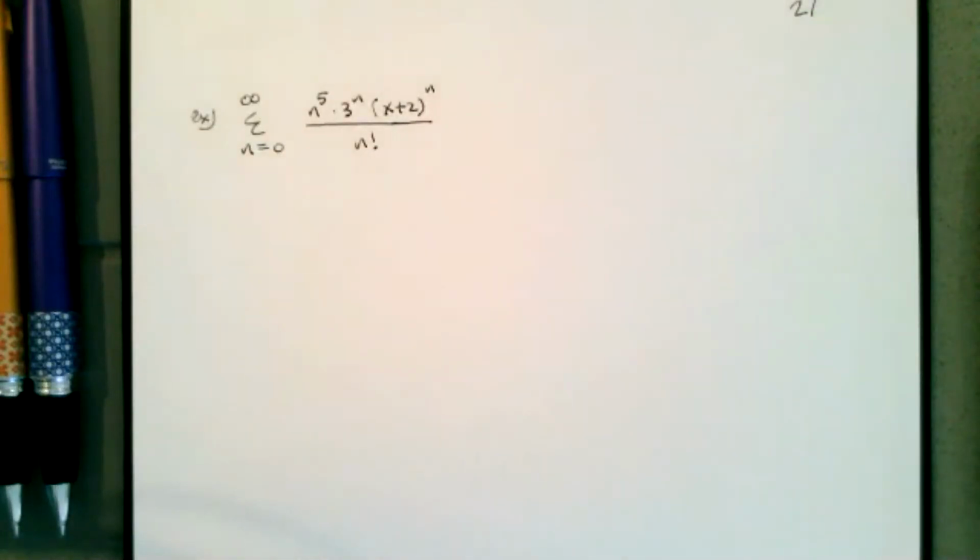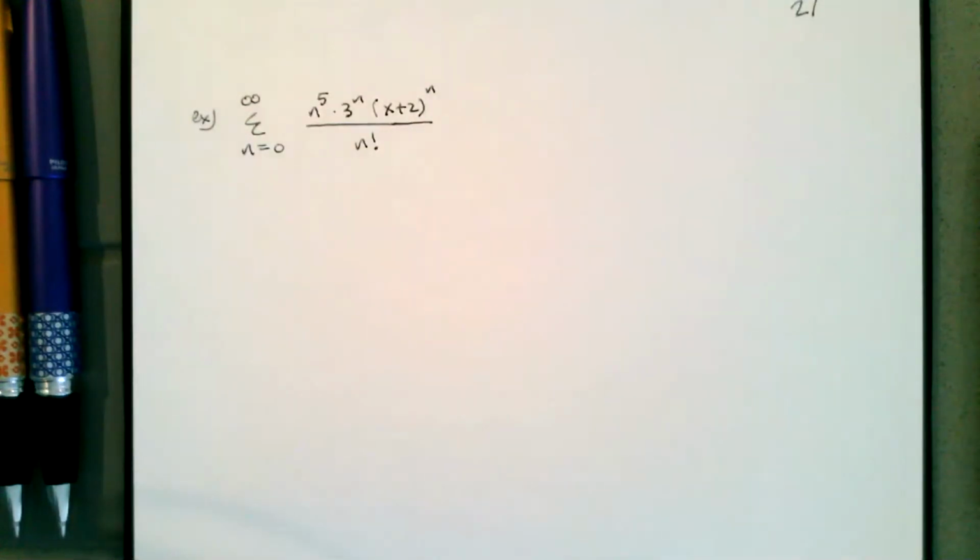So there are things that we notice. First, we notice that the center is at 2. Or sorry, -2. We see this n to the 5th. That's only going to affect the endpoints, if there are any.